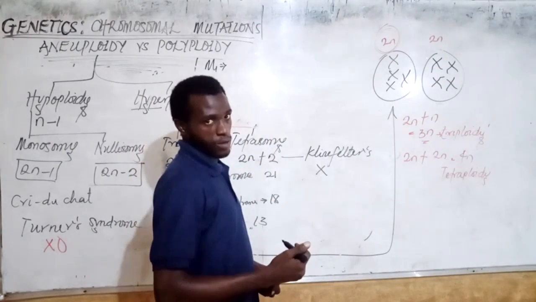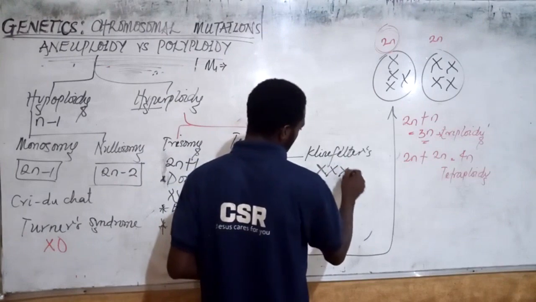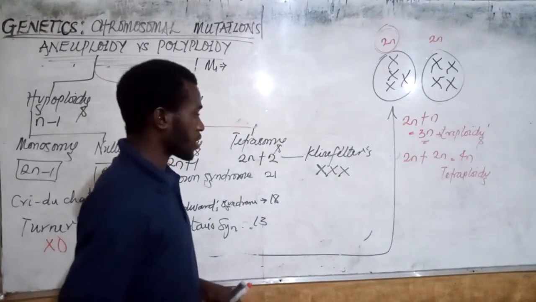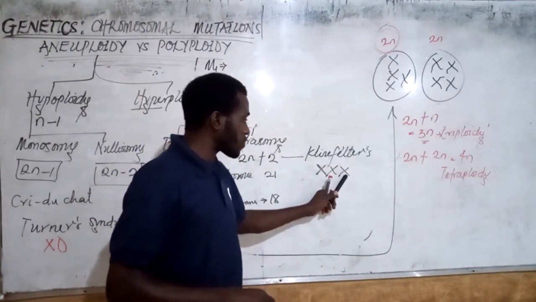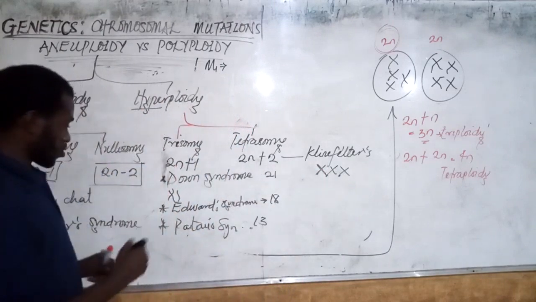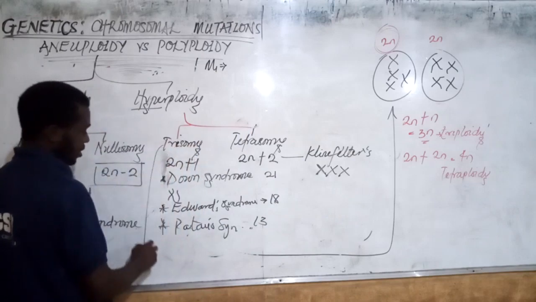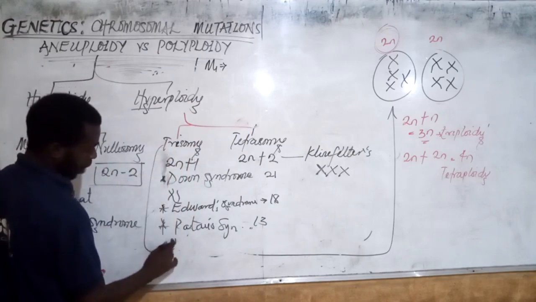In trisomy you are going to see it in the autosome and in the allosome.